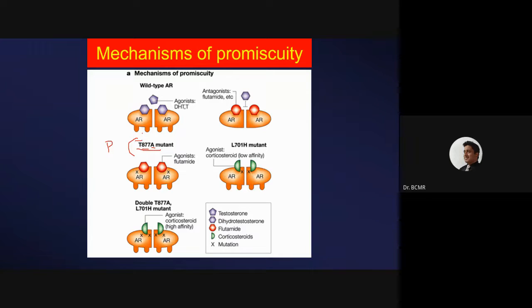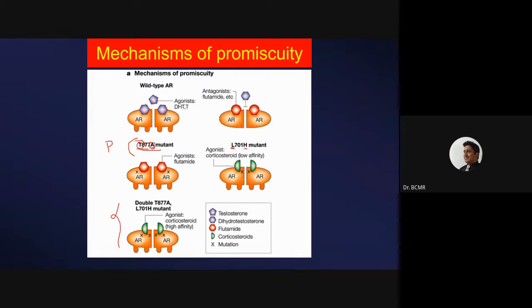Usually, this is the amino acid threonine replaced with, sorry, not adenine, alanine. And this will be leucine replaced by histidine. That's right. And there are also some cases where double mutants may happen.